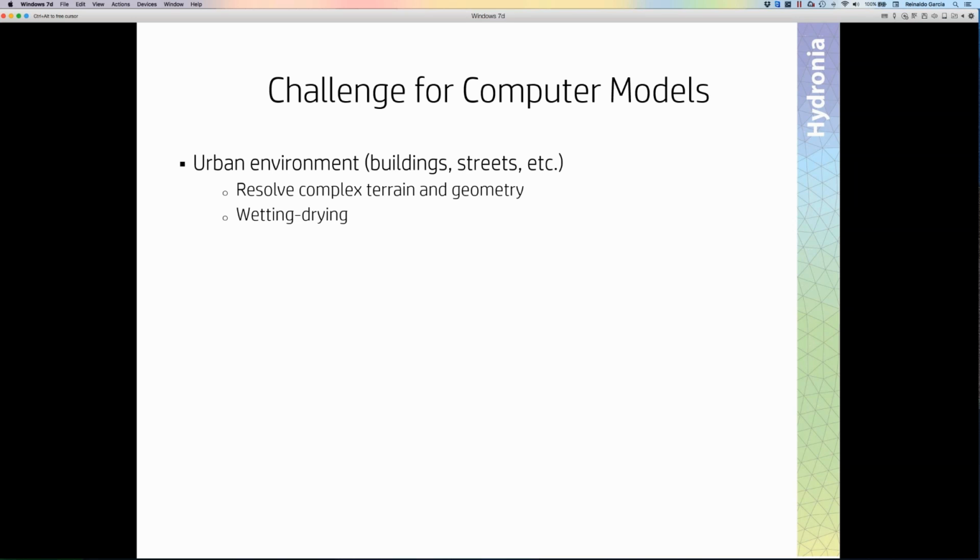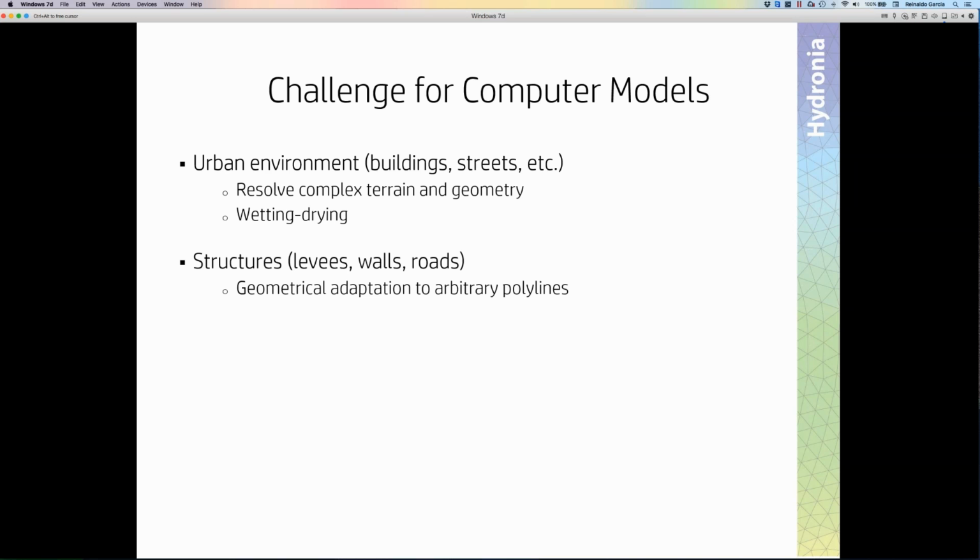And also, since the flooding is not constant, occurs during a certain period of time, there will be some areas that are wet, some areas that are dry after, and the model needs to account for that accurately. The model needs to also resolve the structures like levees, walls, roads, many different structures that affect how the flooding occurs in the urban environment.